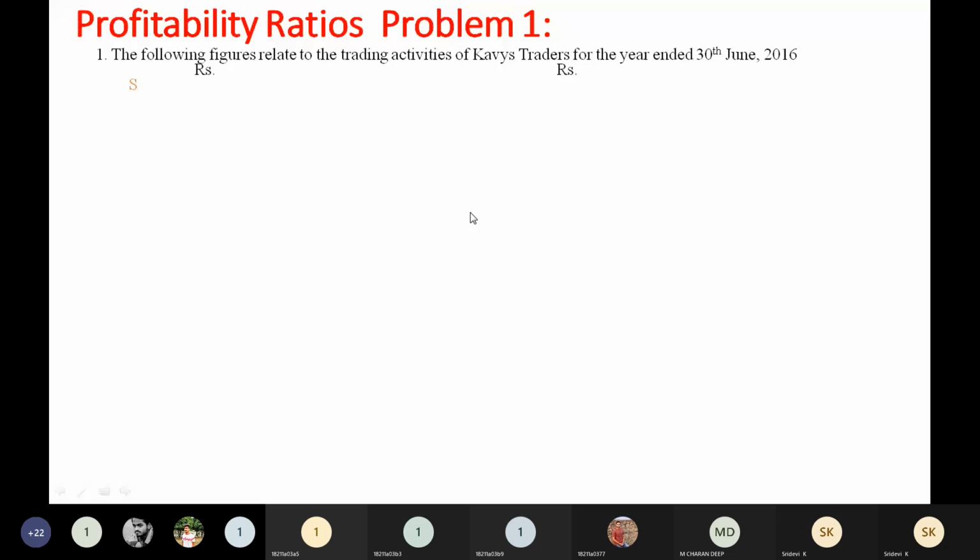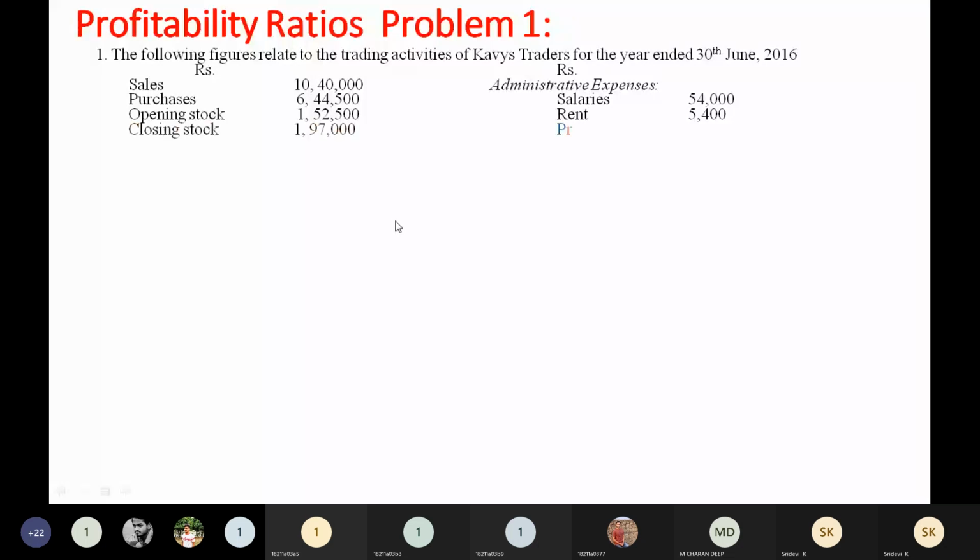Sales 10,40,000. Purchases and administrative expenses are given separately here on the right side. Under administrative expenses, salaries are given, opening stock is given, rent comes under the administrative expenses, closing stock, and printing also comes under the administrative expenses.